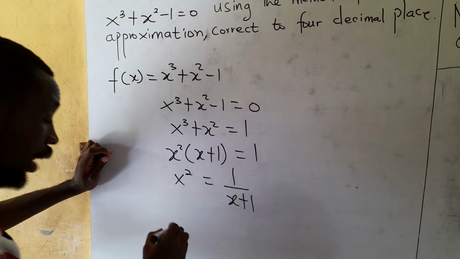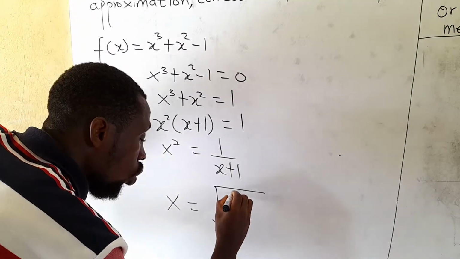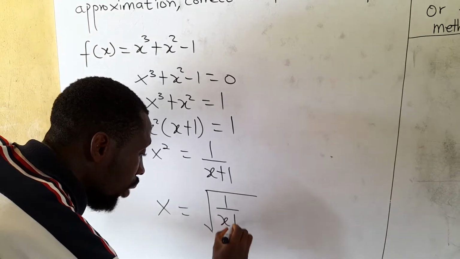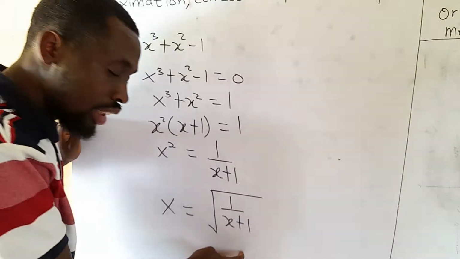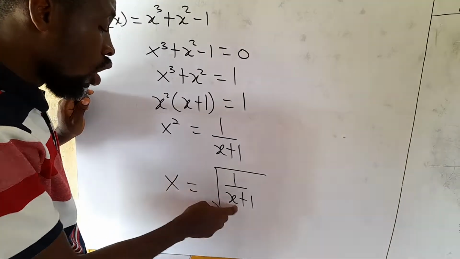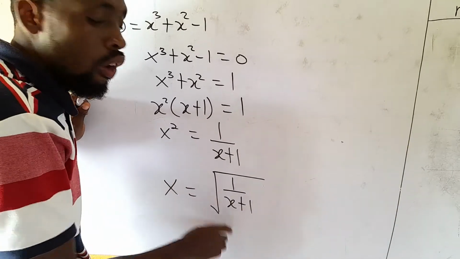Then making x the subject, x will be equal to the square root of 1 over x plus 1. So we have succeeded in making x the subject of itself, where the right side of the equation does not contain any power more than 1 of x.